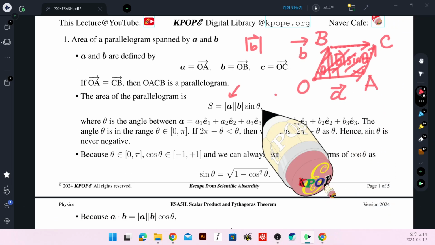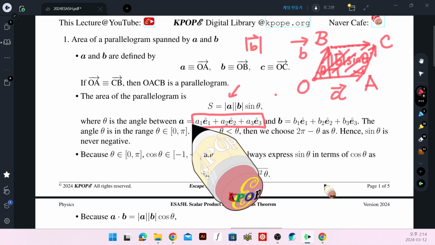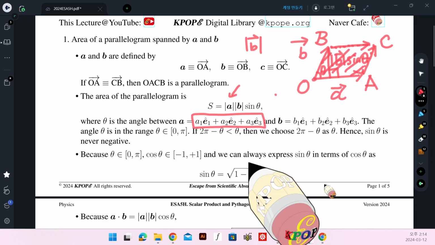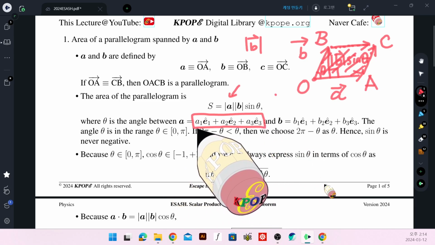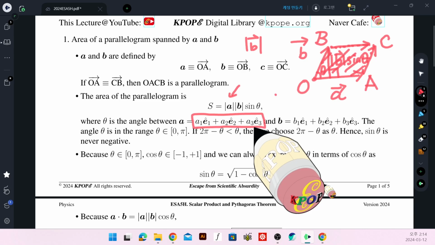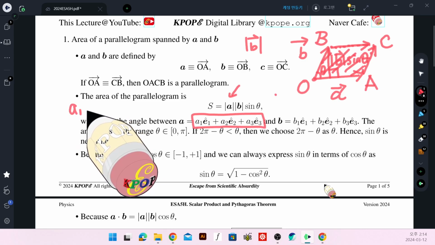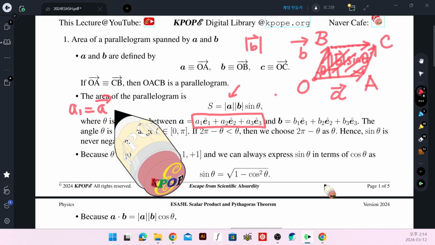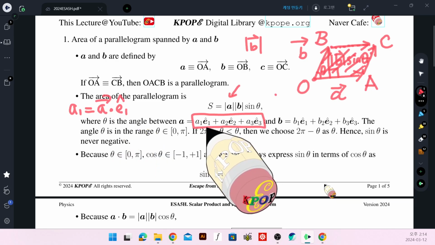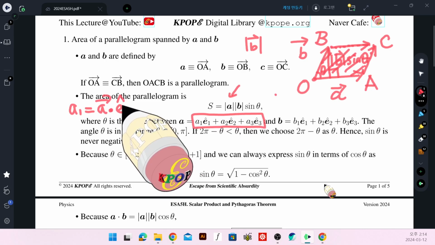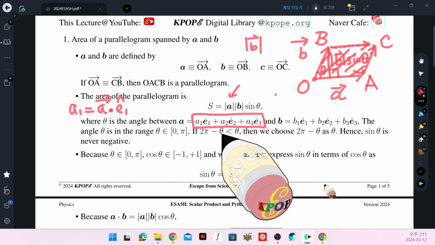So these two vectors can be expressed as a linear combination of three Cartesian unit basis vectors. They are E1 hat, E2 hat, and E3 hat. And A1, A2, A3 are components of this vector. For example, A1 can be expressed as a scalar product of E1 hat and vector A. If I multiply by the scalar product with E1 hat, these two contributions vanish, only the first one survives.